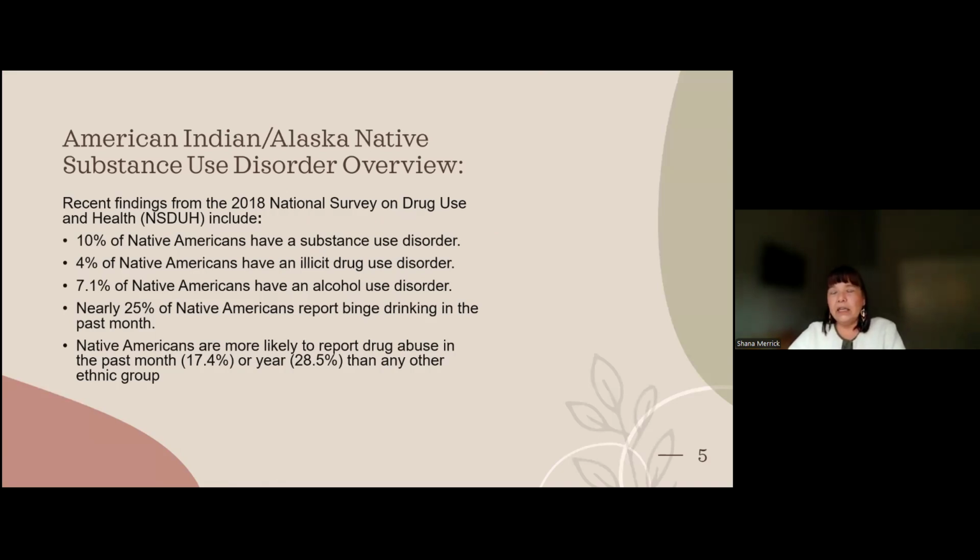What we find in research, statistics, this survey, is that there is a disproportionate rate when you compare it to other populations: 10% of Native Americans have a substance use disorder, 4% have an illicit drug use disorder, like opiate use disorder, and meth tends to have a strong hold on tribal lands. 7% of Native Americans have an alcohol use disorder. 25% report binge drinking in the past month.